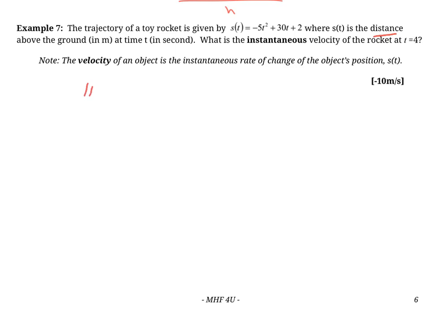The instantaneous rate of change of a distance graph or a distance function is velocity. Because think of velocity as how distance changes per time, right? So if distance is in meters, velocity is going to be meters per second.